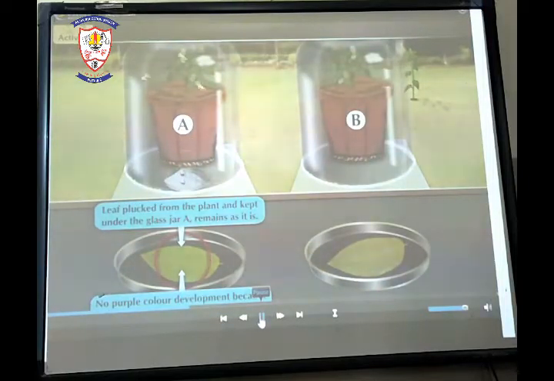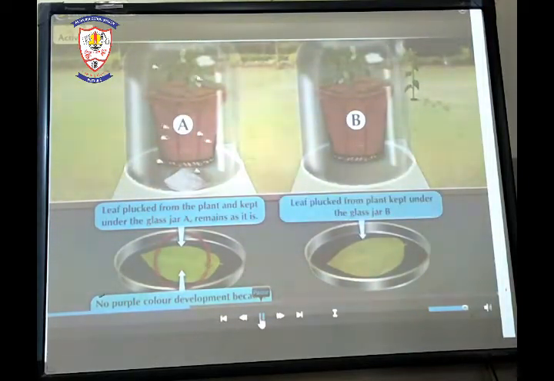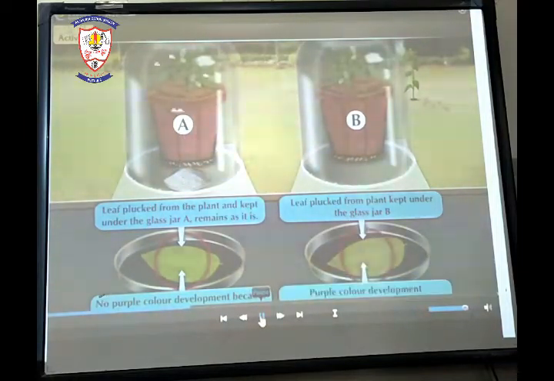And see, in jar B, the leaf plucked from this plant kept under the glass jar B, the purple color developed there.